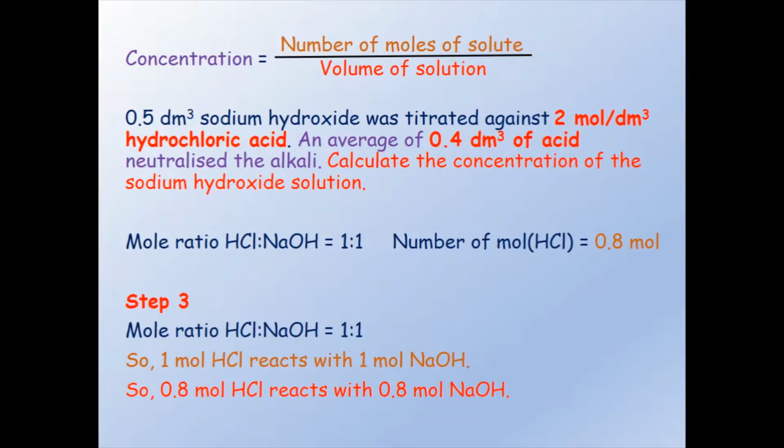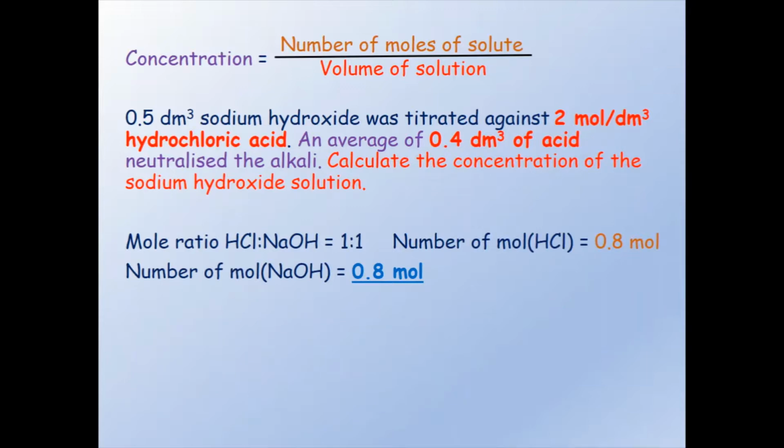So this means that 1 mole of hydrochloric acid reacts with 1 mole of sodium hydroxide. This also means that the 0.8 mole of hydrochloric acid that we have will react with 0.8 mole of sodium hydroxide. So the number of moles for sodium hydroxide is 0.8 mole too.